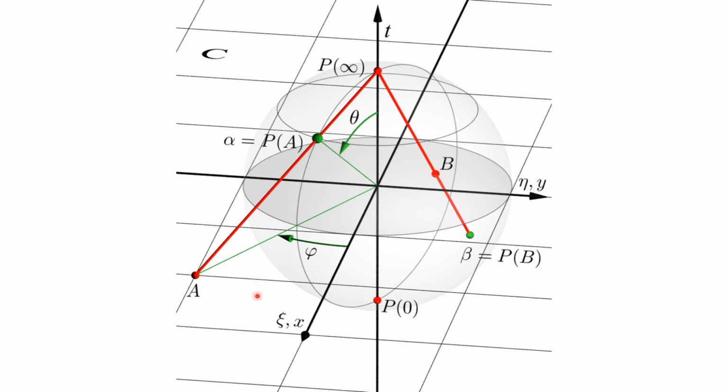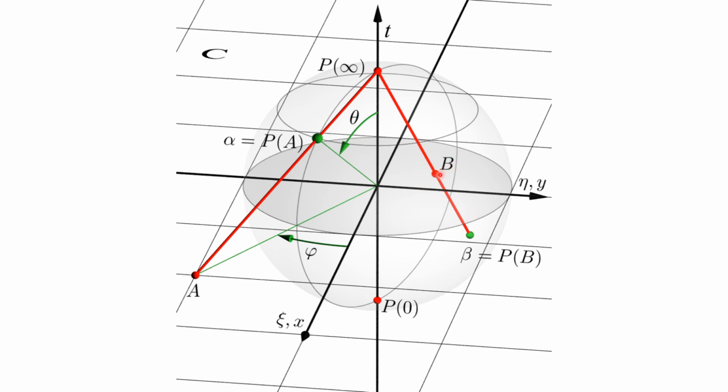It's a one-to-one mapping. So we take a point A here that's outside of the intersection of the sphere with the complex plane, and we draw a line up to the top of the sphere, and where we intersect the sphere, this point P of A is the unique point that's mapped to A from the sphere, and vice versa. And that'll work for any point outside of the intersection of the sphere with the complex plane.